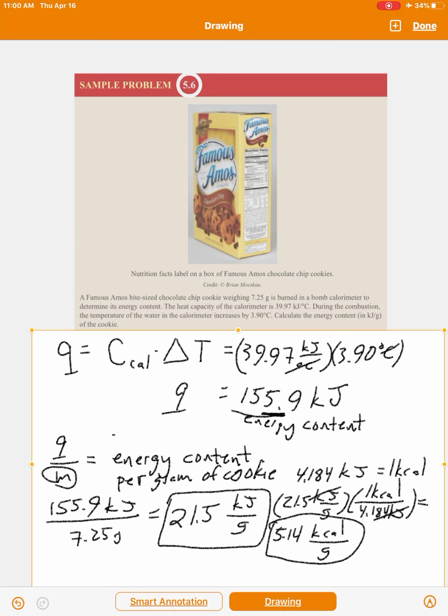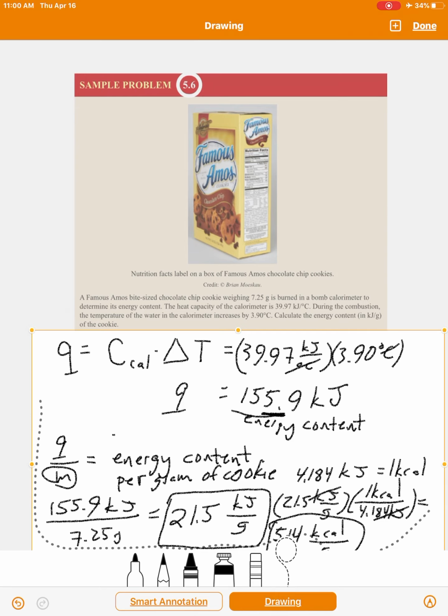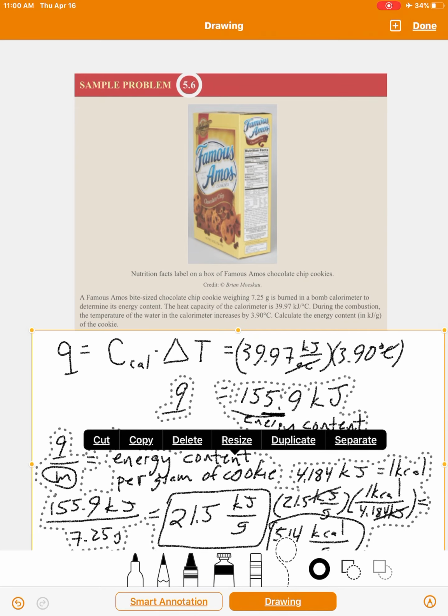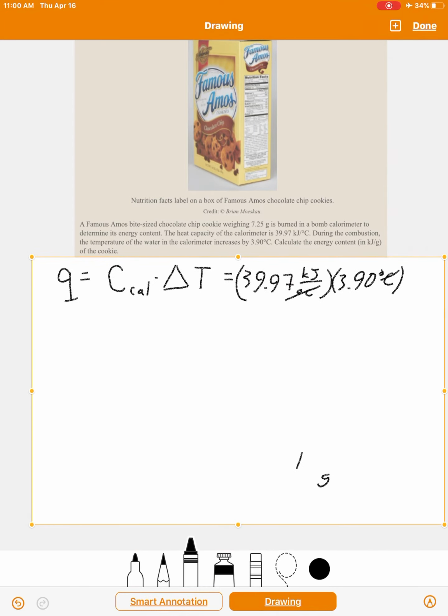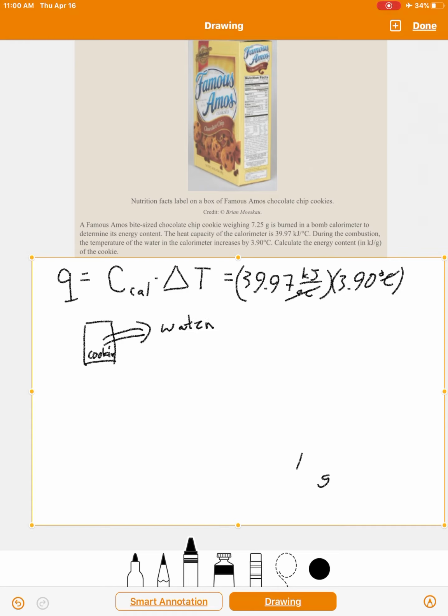I did want to make one quick comment about the sign. So when people use the term energy content, they usually mean that you're going to have a positive value. But I do want to point out that when this cookie is burned, the energy, the heat, Q, is going from the combustion, from the burning of the cookie, out to the water in the calorimeter. Okay?